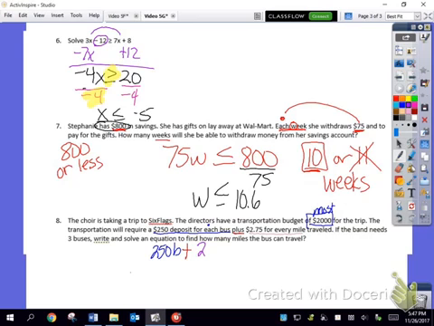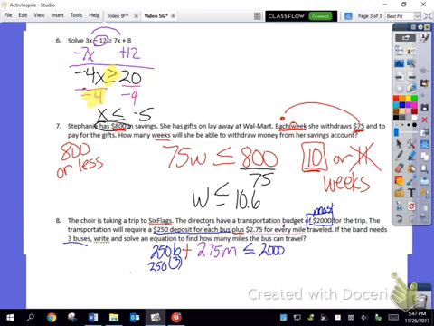So that's going to be $2.75 for each mile. Okay. If the band needs 3 buses, so 3 buses, that's going to go in right here. So $250 times 3 plus $2.75, and then all that has to be less than or equal to $2,000.